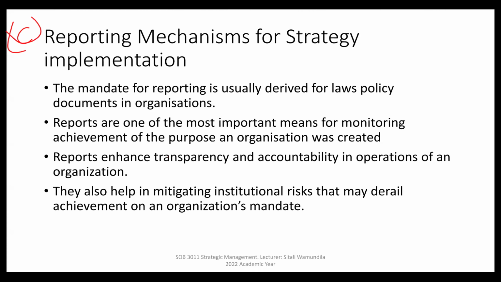How do we get to know whether we have to report? This mandate for reporting is usually derived from laws and policy documents in organizations. There are those laws and policy documents in an organization, and they should be able to help us.